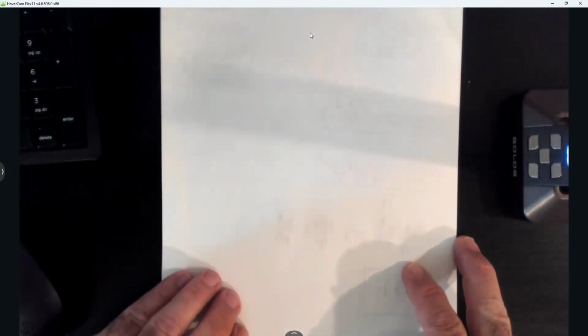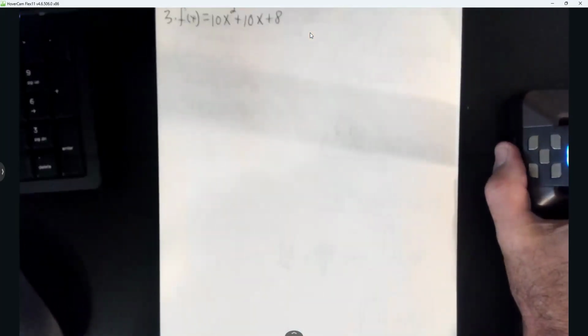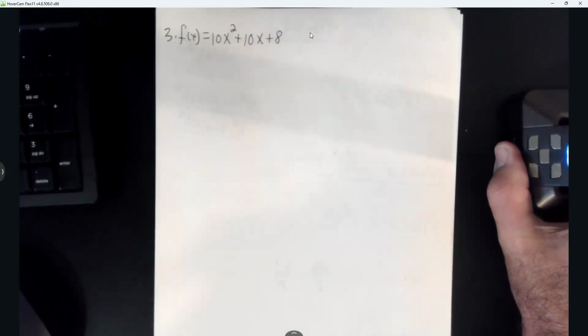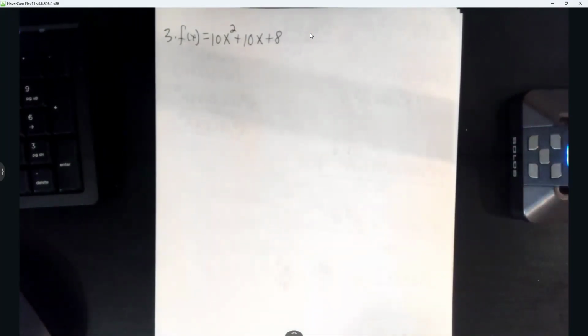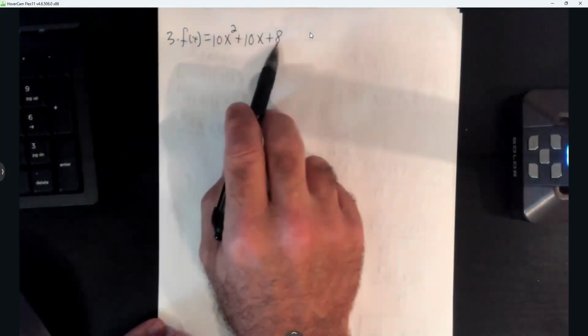All right, y'all, so there was one more of those. So this one is f of x equals 10x squared plus 10x plus 8. So y'all, this is our last one, so I'm not going to do a break. We'll just knock this out and be done. All right, so there's my f of x.